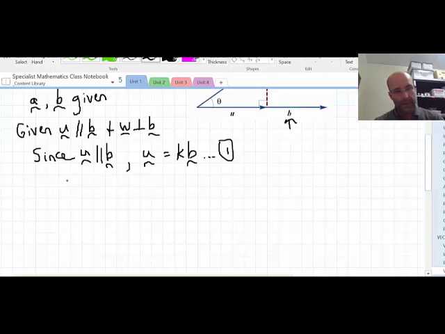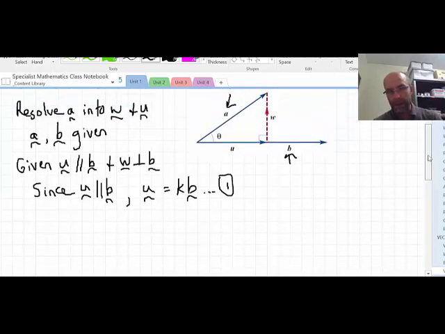We can also say that, looking at the diagram, A equals U plus W, head to tail. Alright, A equals U plus W. We'll call that result 2.